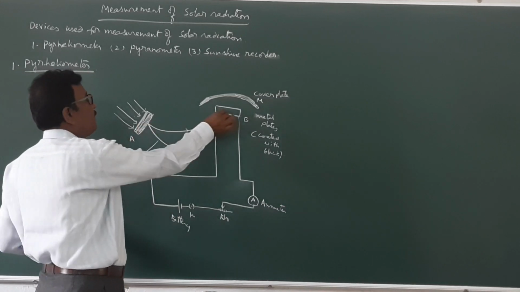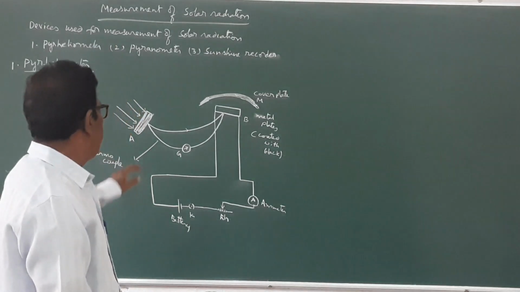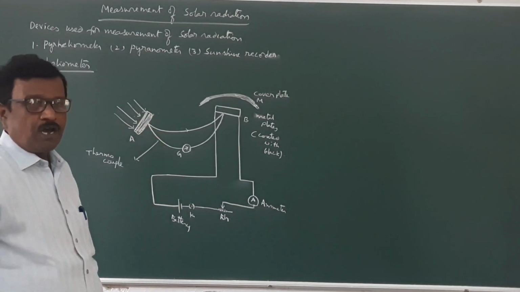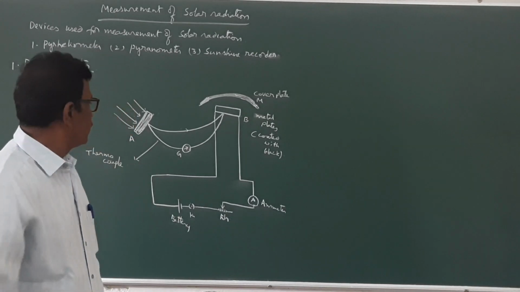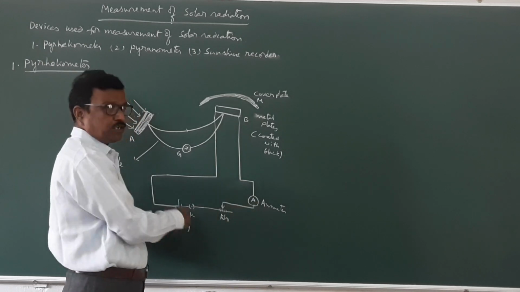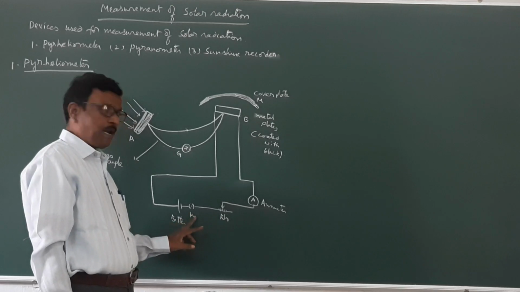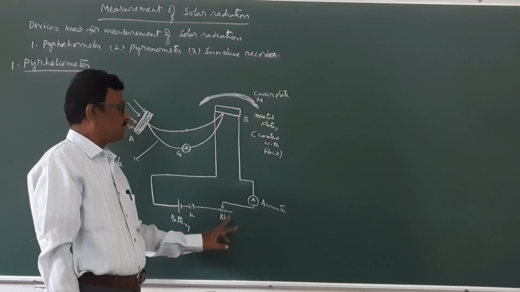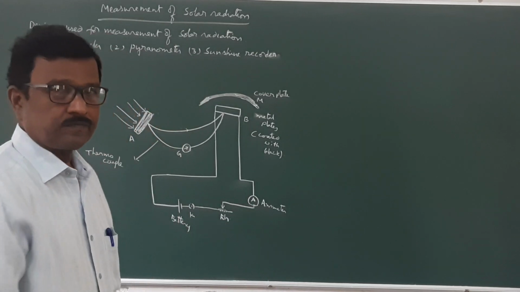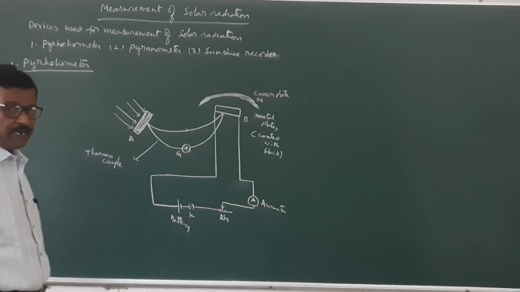These two plates are coated with black so as to absorb radiation effectively. The plate B is connected to the electric circuit that consists of battery, plug key, rheostat, and an ammeter connected in series. So this is the construction of the pyrheliometer.